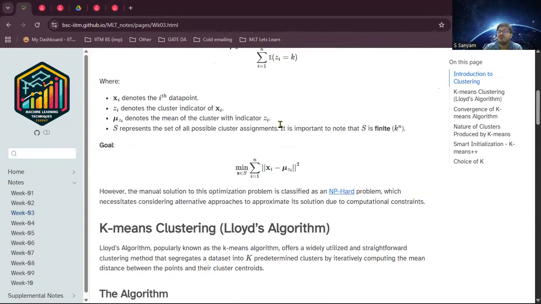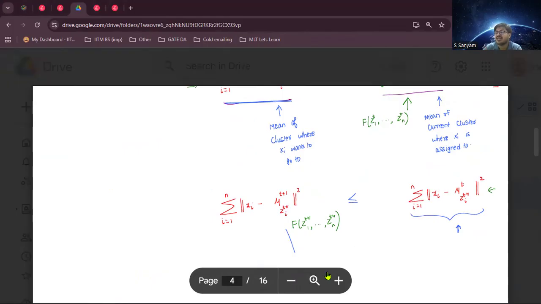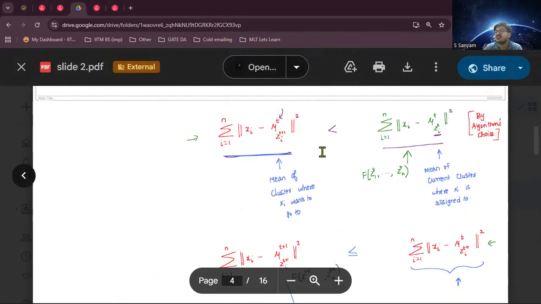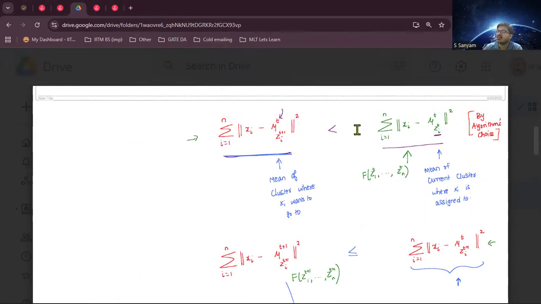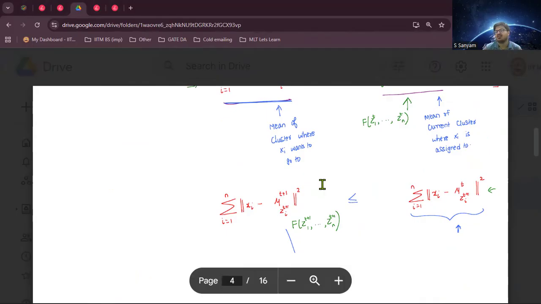Our main focus was to minimize this function, and you can see here that at last this configuration has the minimum value. This is less than this, this is less than this, and this is greater than this, at the t+1 iteration.